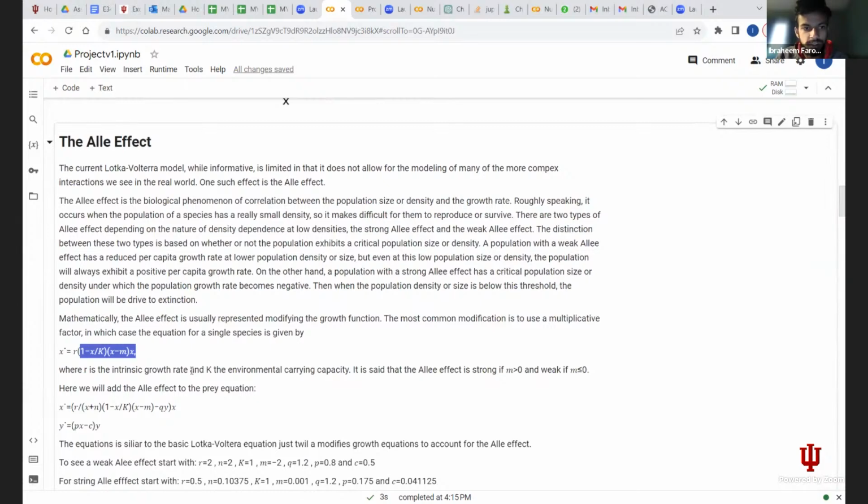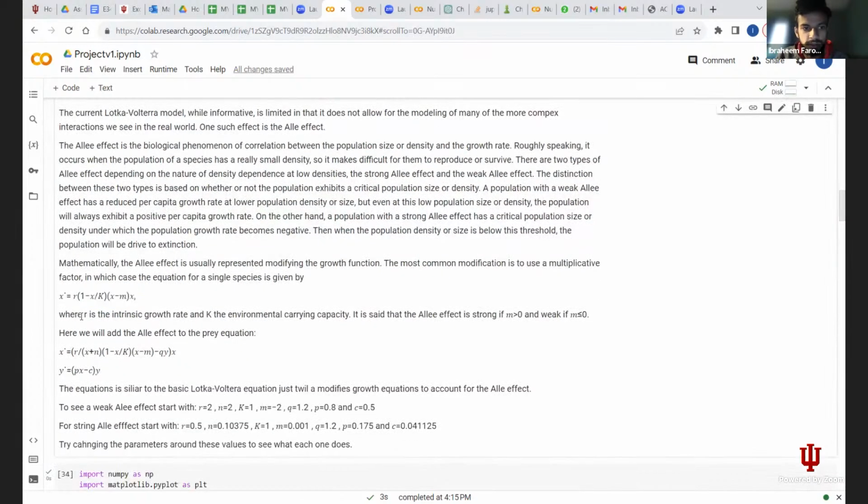This equation is comprised of the intrinsic growth rate of the prey species, times 1 minus x over the carrying capacity of the system. And this is all multiplied by x minus m. And x minus m is the effect of the Allee effect.